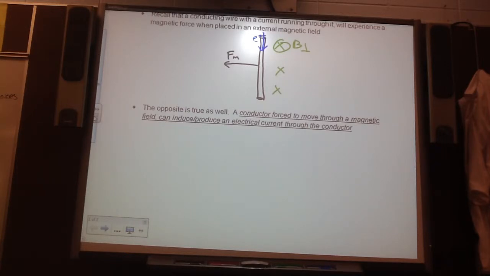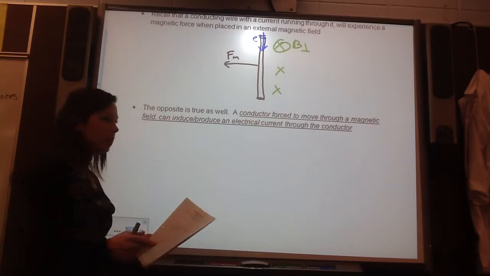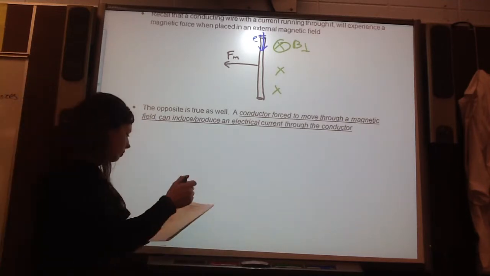So if a conductor is forced to move, that can actually induce the current. But it's going to be in opposition, and I'll explain that here.